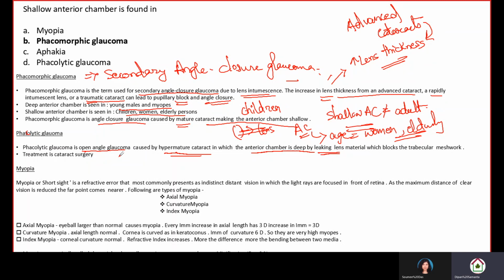So what is happening? Caused by hypermature cataract in which the anterior chamber is deep. Deep anterior chamber.